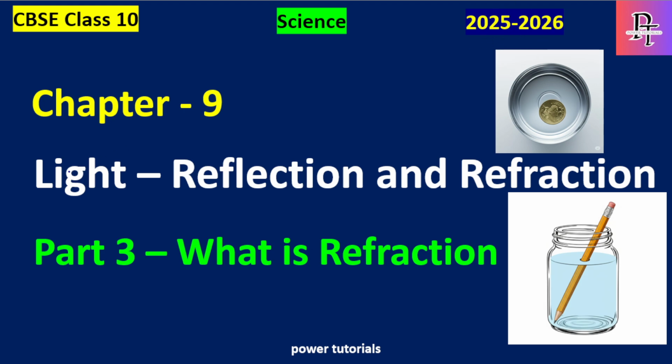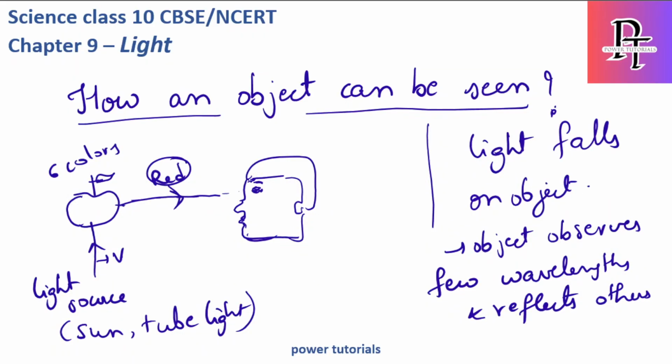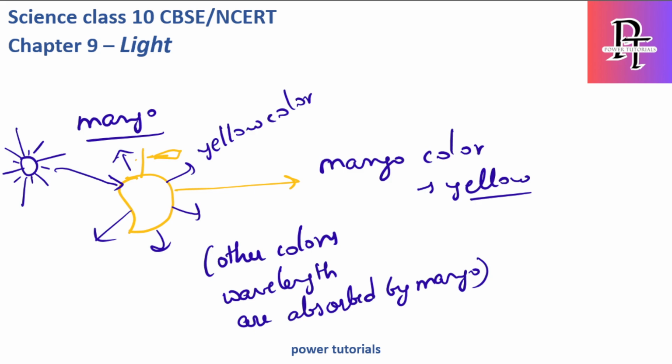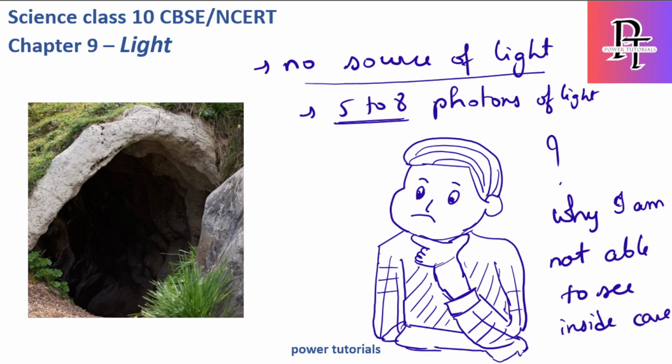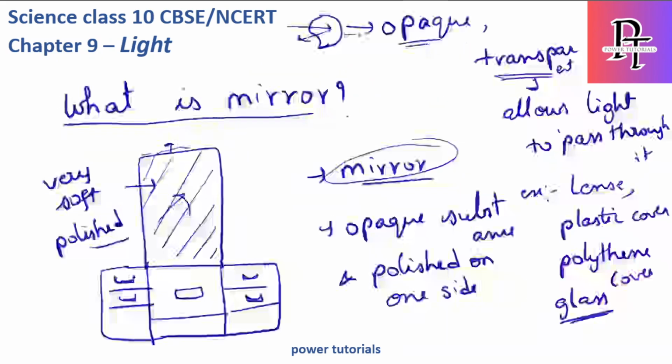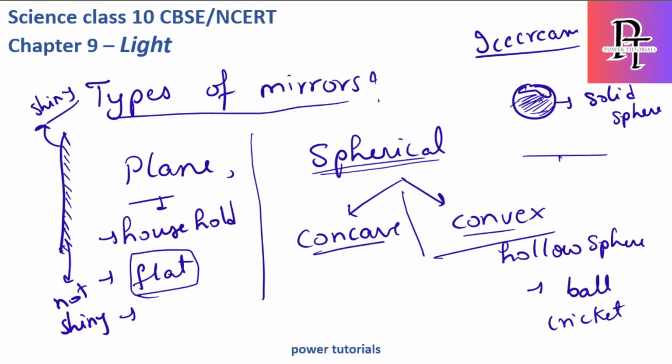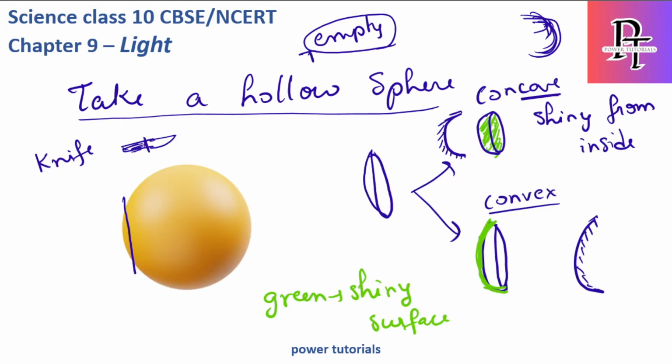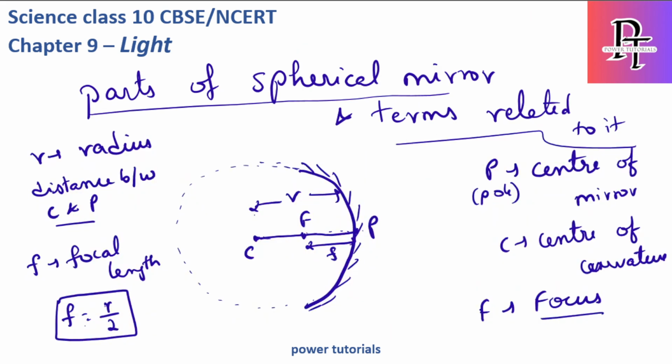In the previous parts, that is part 0, 1 and 2, I will give a synopsis of what I have covered. In part 0 I covered how an object can be seen, like why you are only able to see the yellow color of a mango, and why we are not able to see any objects inside a cave. We covered what a mirror is, the basic definition, types of mirrors, plane and spherical, and why they are called concave and convex, and the parts of a spherical mirror.